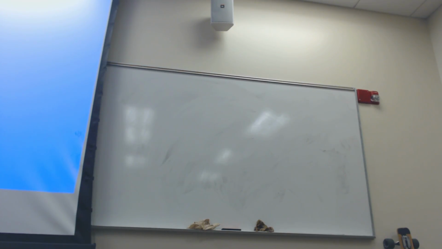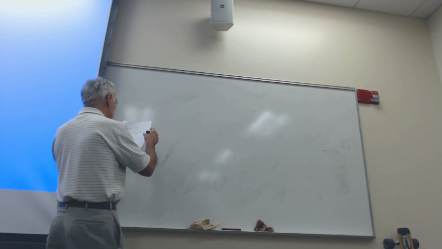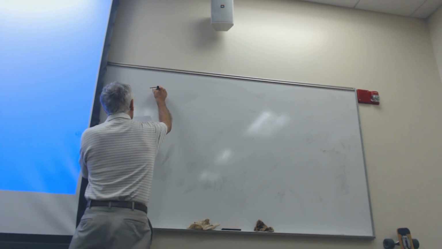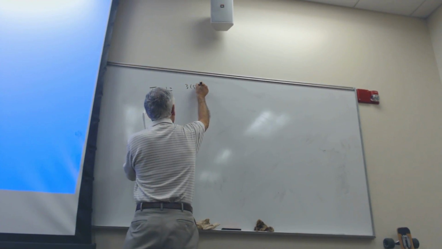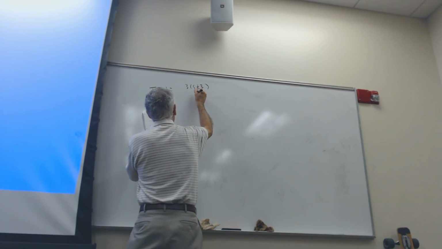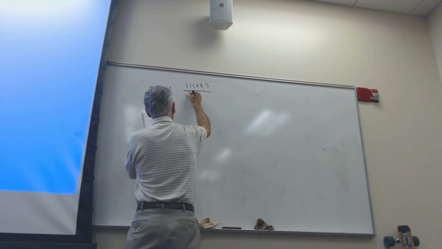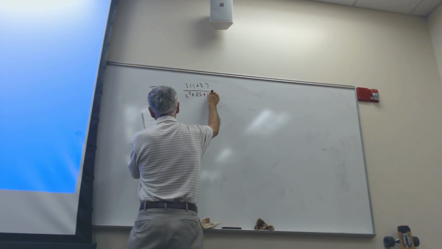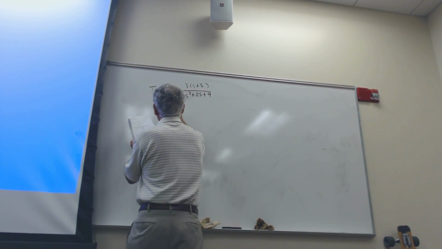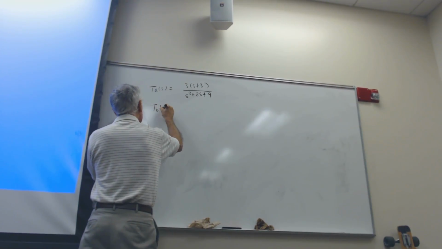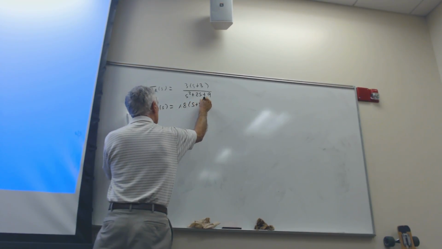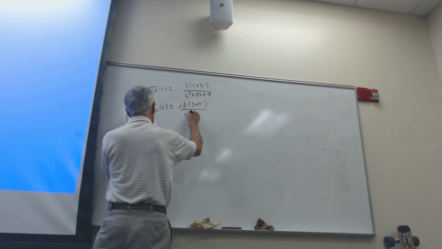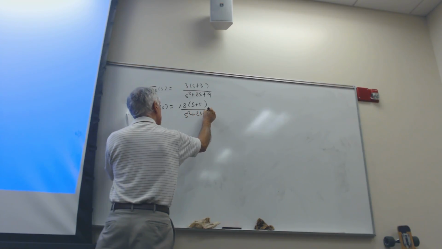We can take a look at this example here. We've got T sub a of s equal to 3s plus 3 over the quadratic s squared plus 2s plus 9. Then we have T sub b equal to 1.8s plus 5 over the same quadratic s squared plus 2s plus 9.